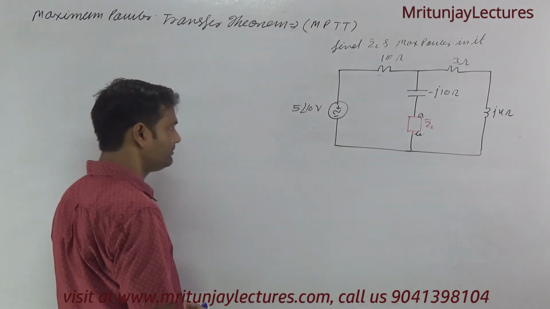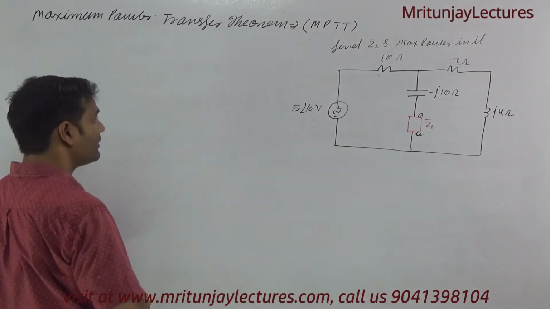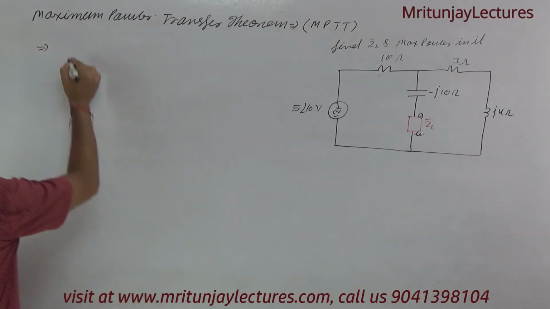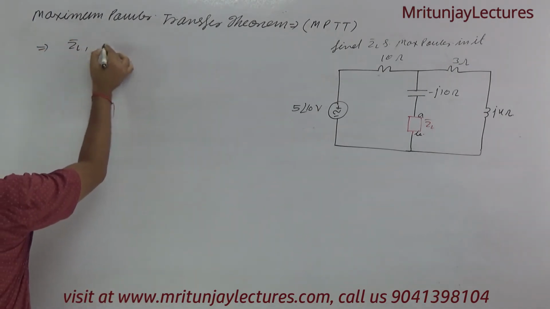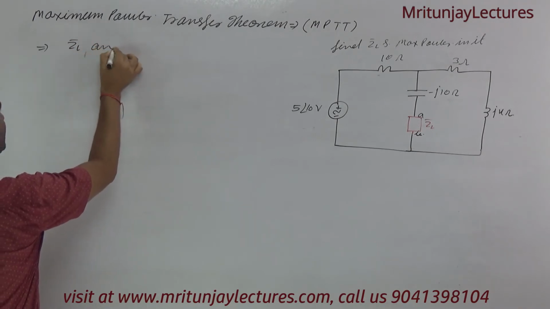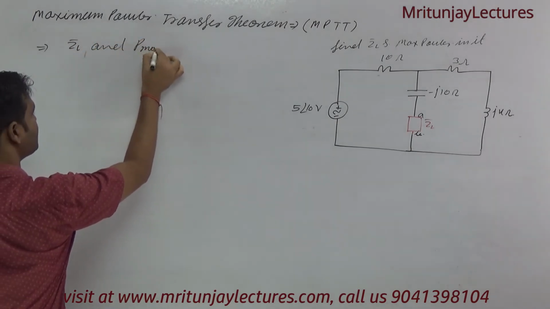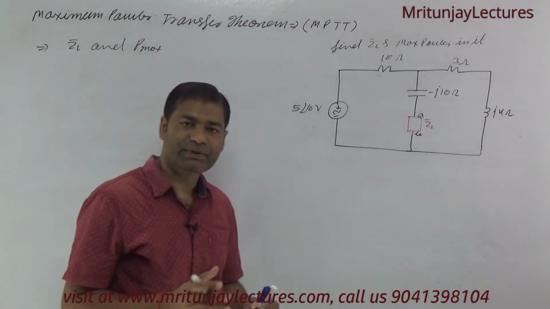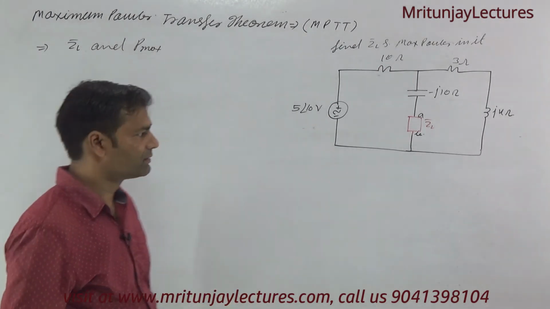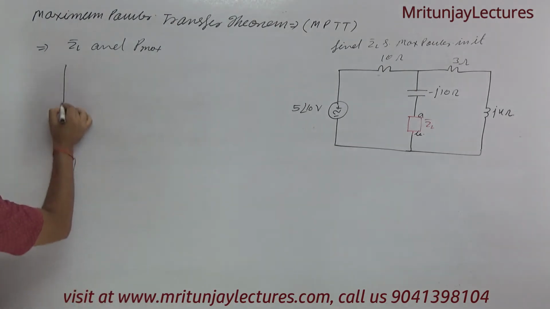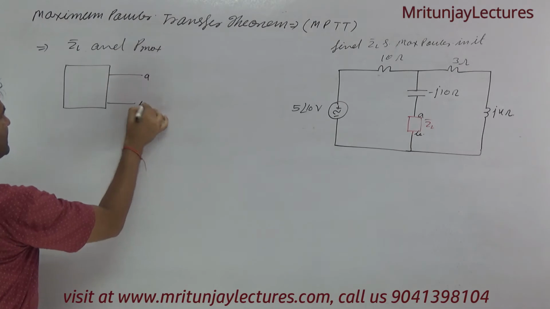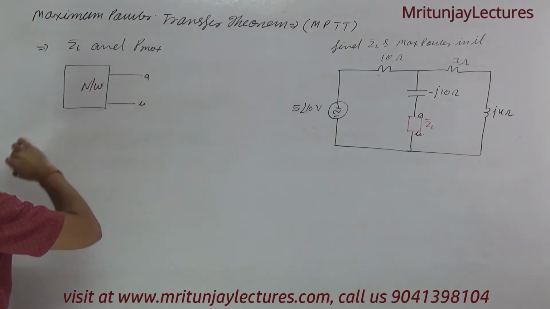I know that, clear. Our motto is to determine P max and ZL. How can we determine ZL? If the whole network is represented like a Thevenin's equivalent, as I have already discussed. Suppose a network that is A and B, a linear bilateral network.